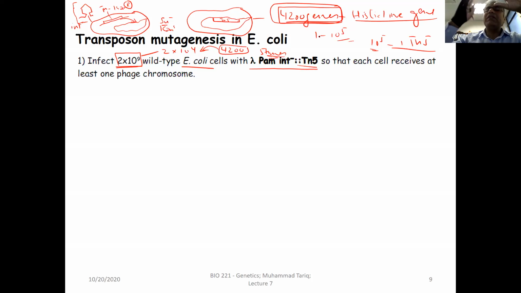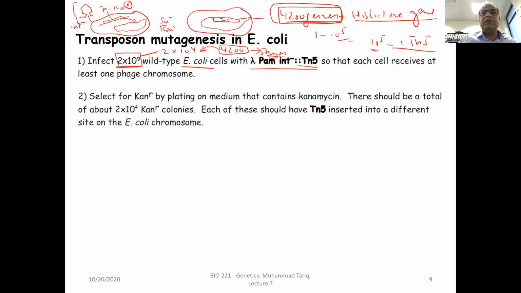Tn5 is not going to jump only into your histidine gene. It is going to randomly jump all over in the bacterial genome. So we use 5 times more so that we become confident that more or less every spot in the genome of bacteria has a transposon.